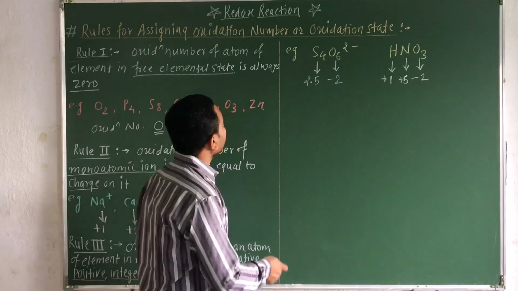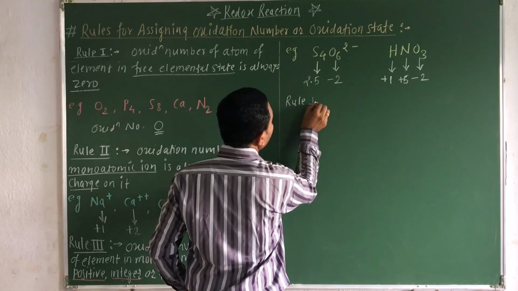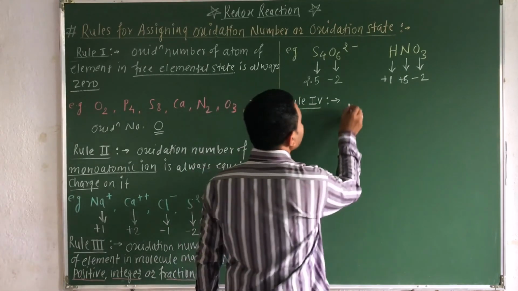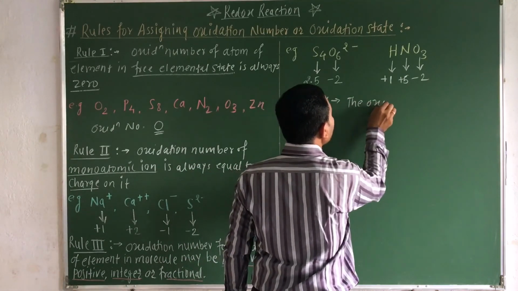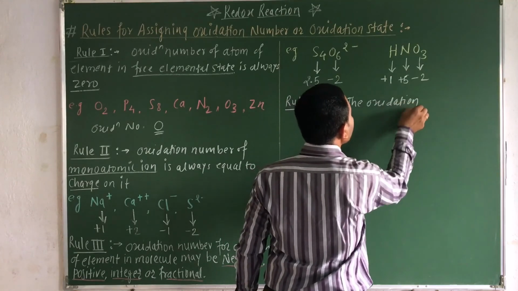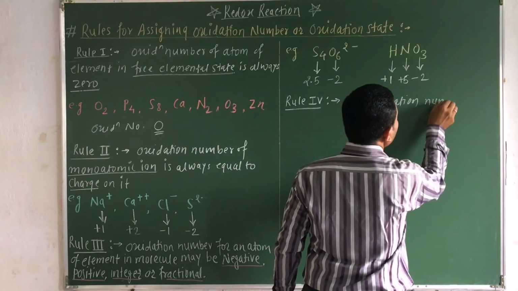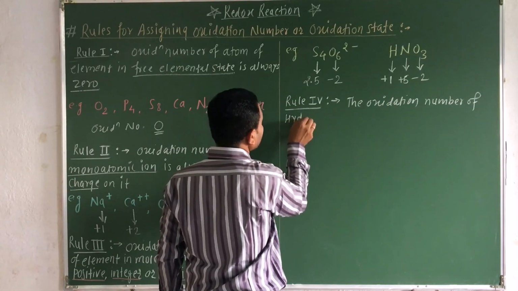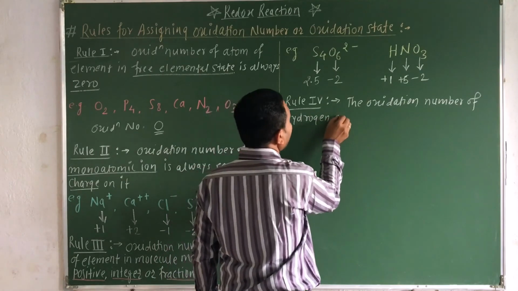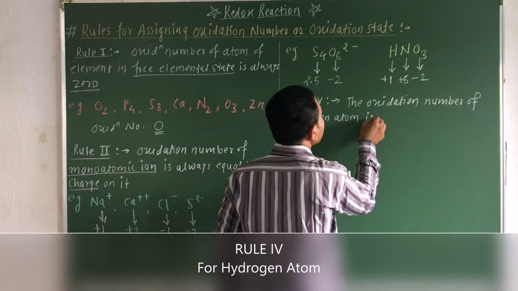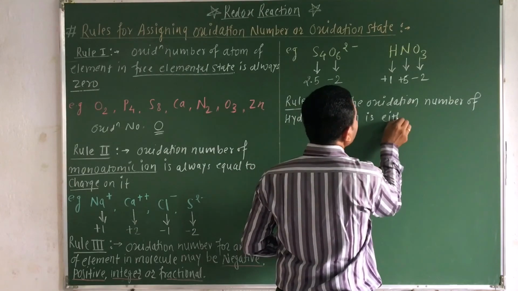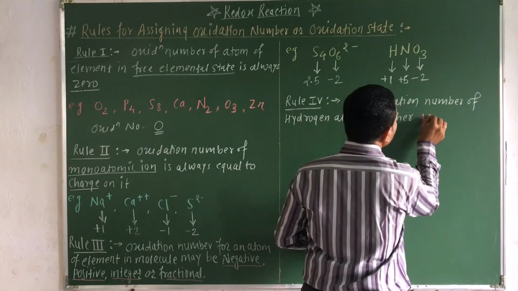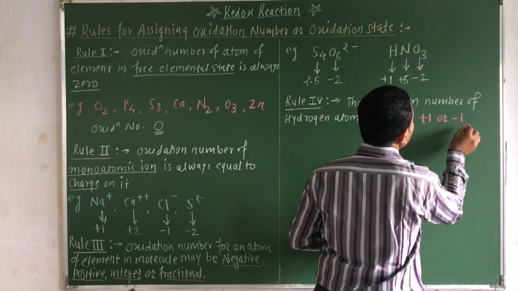So now next, that is our rule number 4. Now it is again a very simple rule. The oxidation number of hydrogen atom is either +1 or -1.